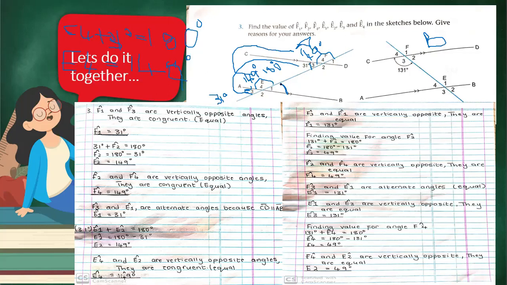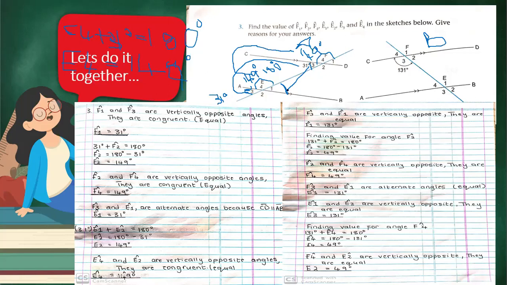So our angle E1 is unknown. We don't know the value of our angle E1, but we can see that this angle right here, which is angle F3, is opposite to angle E1, and that makes them alternate angles. That makes them a pair of alternate angles, and alternate angles are equal.